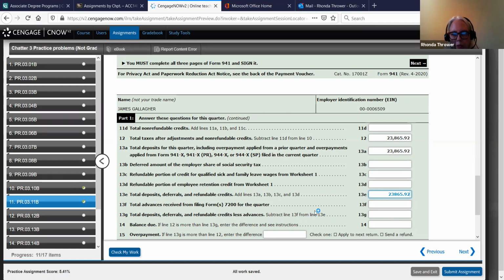There were no advances. The total deposits, again, you're subtracting 13F from 13E. Since there was nothing in 13F, just bring them down again, 23,865.92.